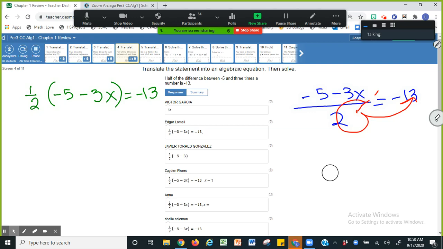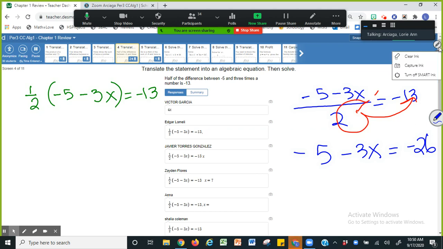So if you cross multiply that, you'll have -5 minus 3x is equal to -26. So multiply these two over here, -26. Or if you don't want to do it that way, you can also multiply here by 2, like this.